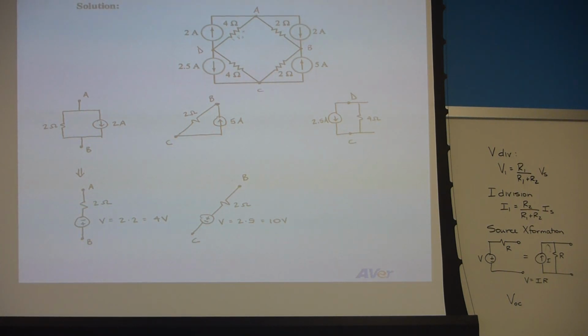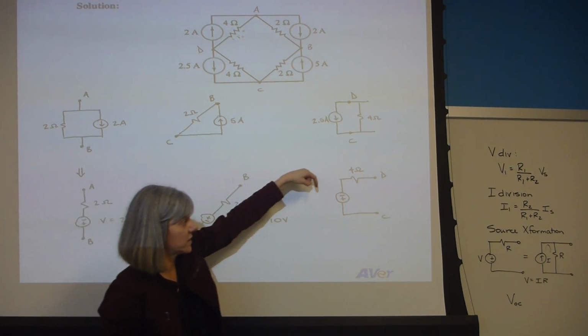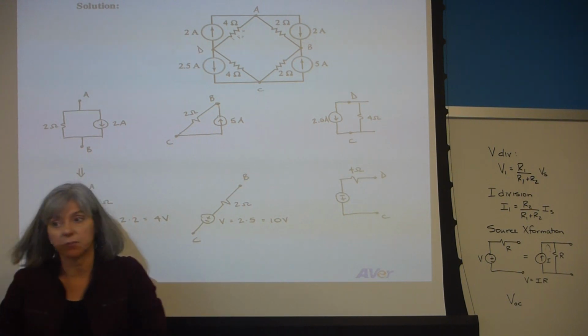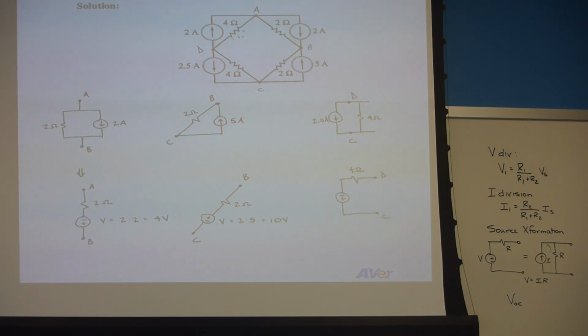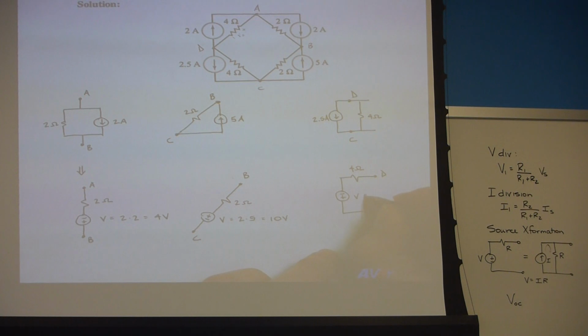So now I can draw that this way. Here's D. Here is C. The resistor stays the same. The voltage source is now down in the same direction as the current. The current's going down, so that means we're increasing voltage going down. And so that's just going to be 4 times 2.5, 10 volts. Okay, so now we're ready to put all of that back together into one circuit.